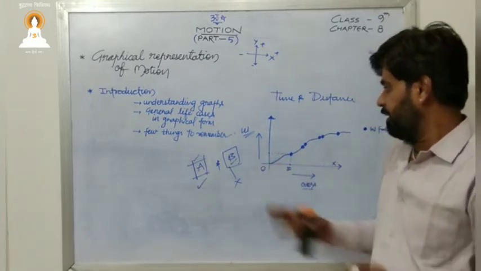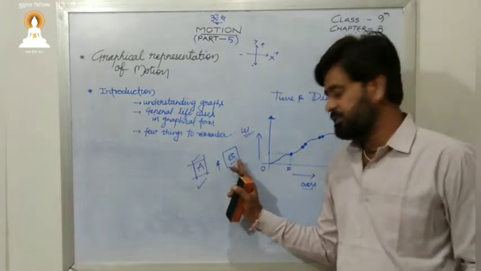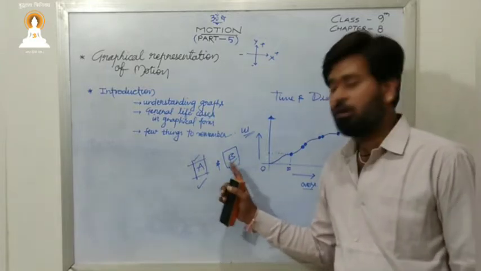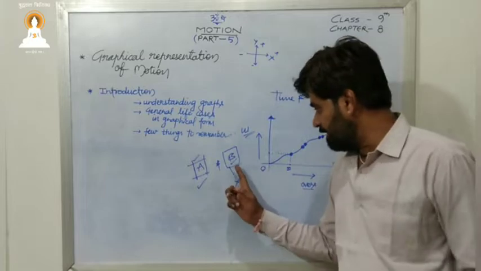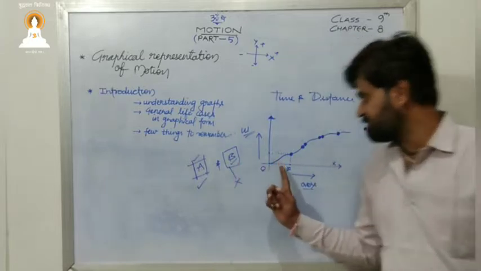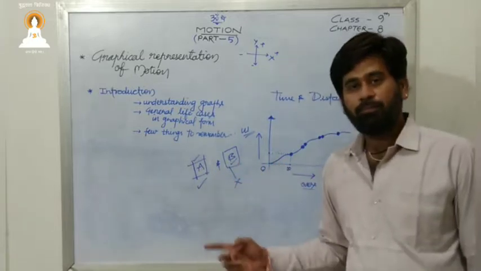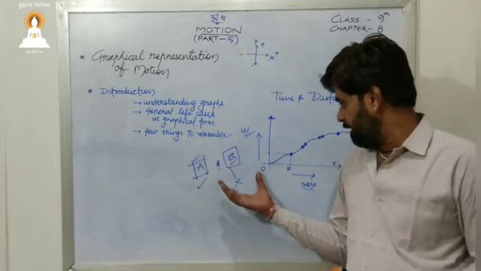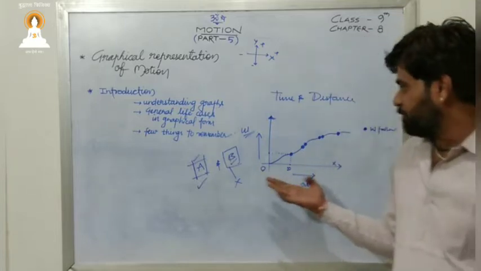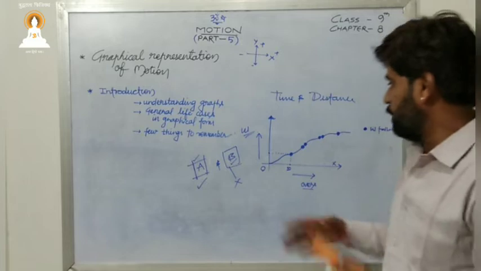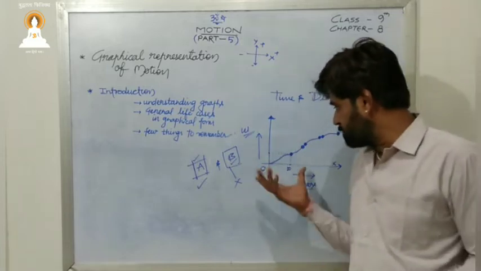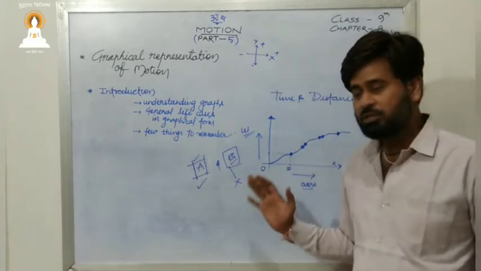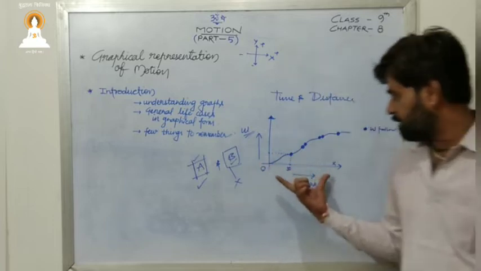But in both cases B saved his 3 hours by not seeing the match, and is still able to give the answer as A can. So this is the benefit of a graph: you can save your time as well. You may observe and analyze any situation if I give you some graph.